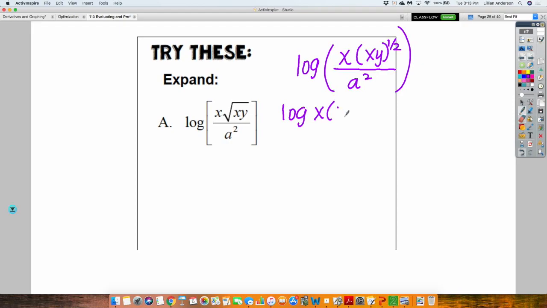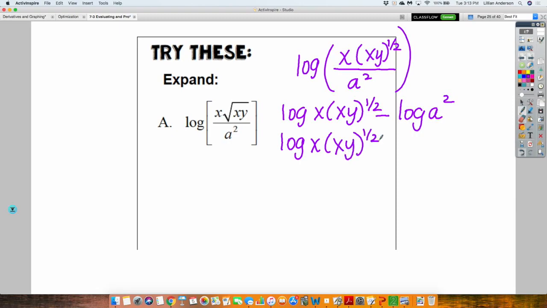That's log x times xy to the 1/2 minus log a squared. So I can use power with this last one and say that this last part is 2 log a. Very good. So the back end is done. Now I need to worry about that front end.